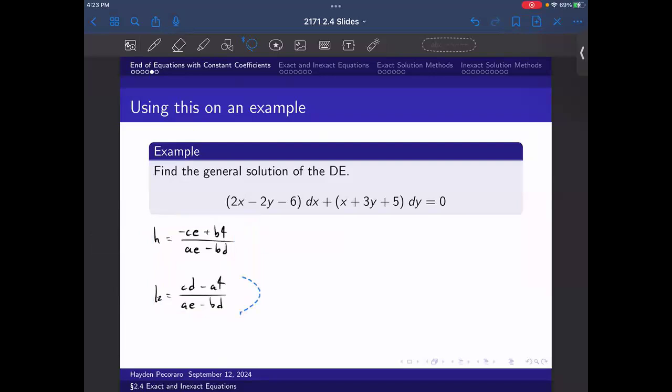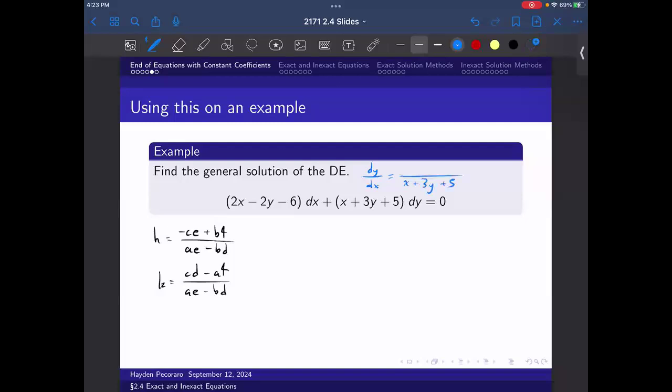Let's find h and k first. Then we have to identify what A, B, C, D, E, and F are, so you can maybe write those above the numbers. Maybe we should just rewrite the whole thing. dy/dx equals, well, we'll have x plus 3y plus 5 in the denominator.